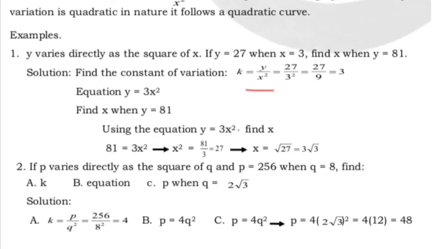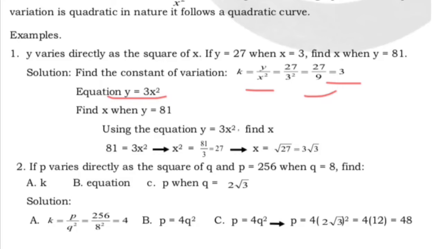So you have 27 over 3 squared. 3 squared is 9, so 27 divided by 9 equals 3. So the constant of variation here will be 3. Since 3 is the constant of variation, our resulting equation will be y equals 3x squared.